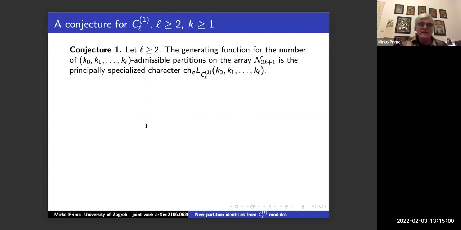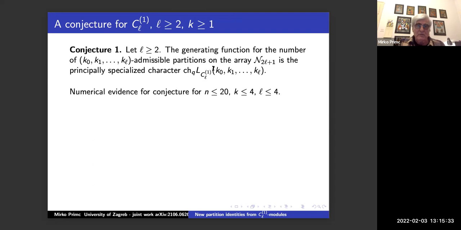So now we can state the conjecture for L greater or equal to 2 and K greater or equal to 1, that the generating function for the number of K0 to KL admissible partitions on the array N to L plus 1 is the principally specialized character of the standard module for the symplectic affine Lie algebra of type CL1.